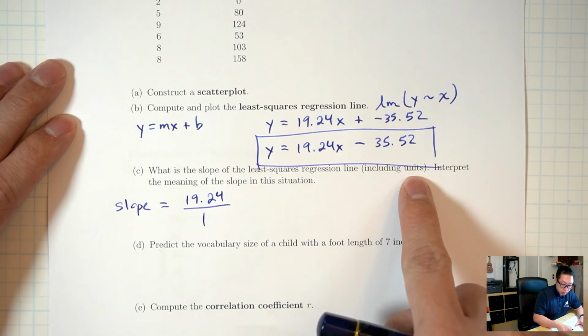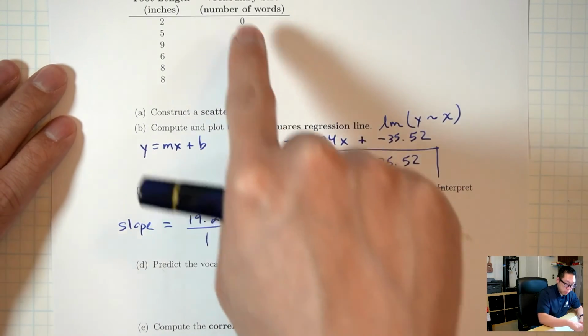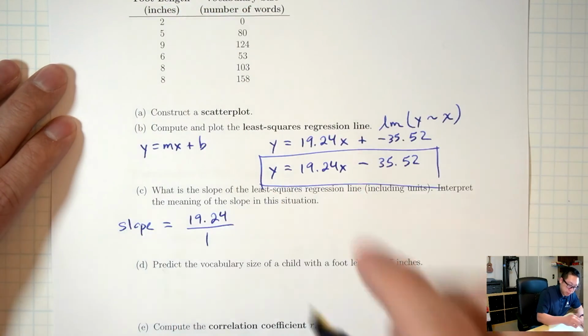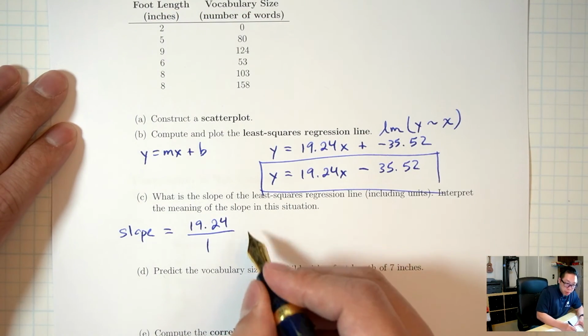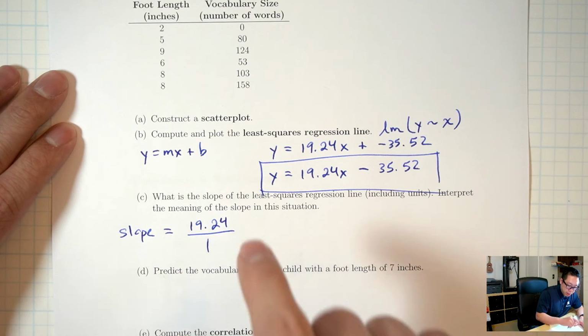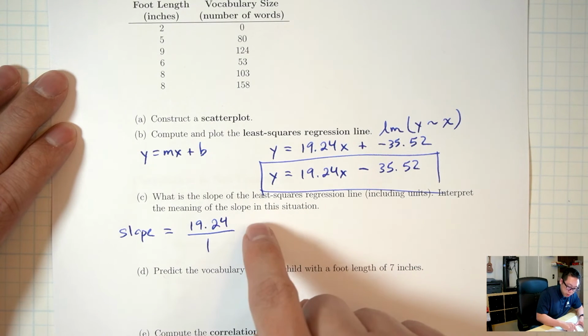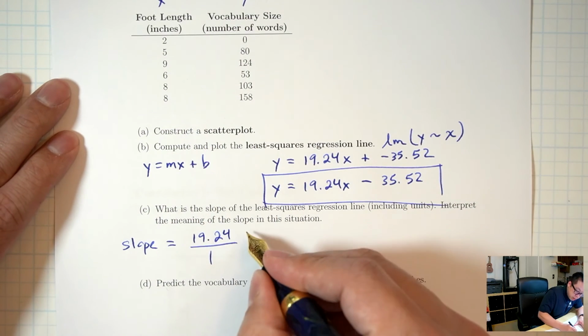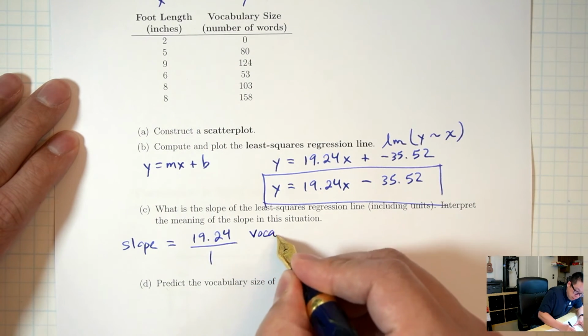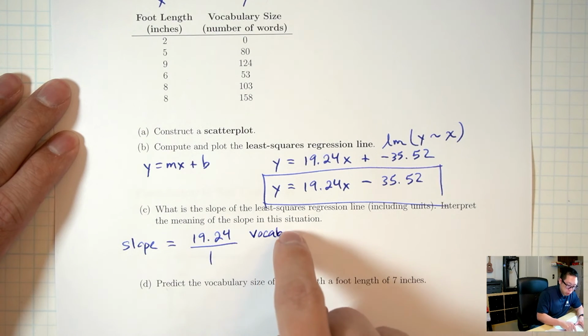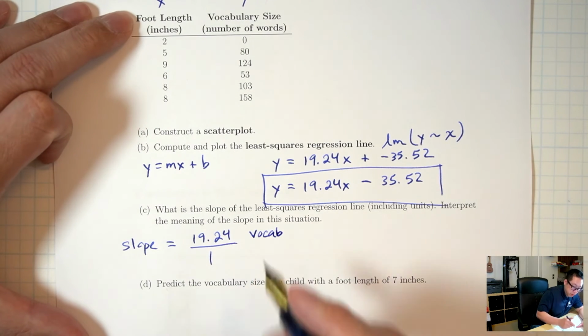I also want the units. Our units here are either going to be vocabulary size or foot length. What goes on top and what goes on bottom? It's always going to be the y units over the x units. So our y units here are vocab size. I'm just going to call it vocab. So that's the y units over the x units, which is foot length.